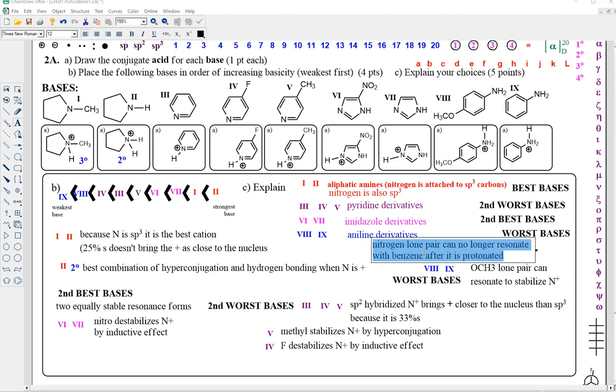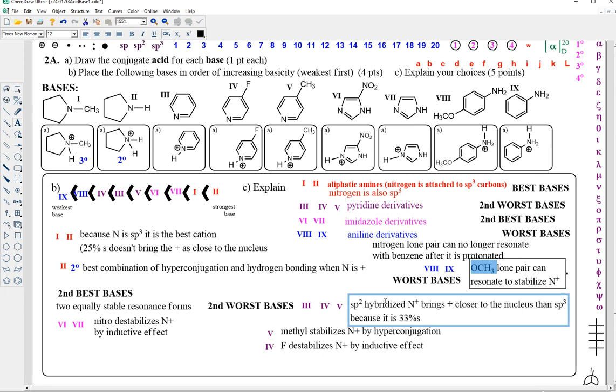This is our explanation of why the aniline derivatives are the worst bases. The nitrogen lone pair can no longer resonate with benzene after it is protonated. Second worst, why are pyridines the second worst bases? sp2 hybridization on N plus brings plus closer to the nucleus than sp3.